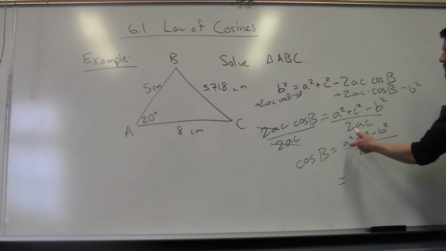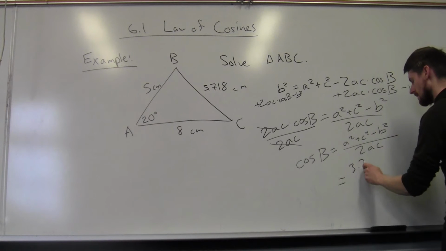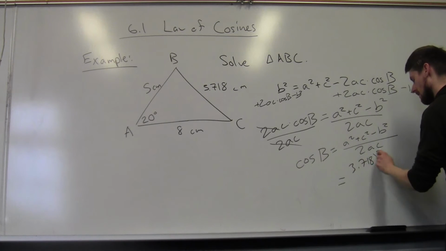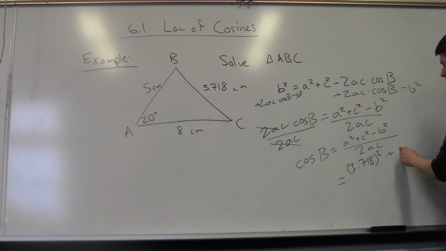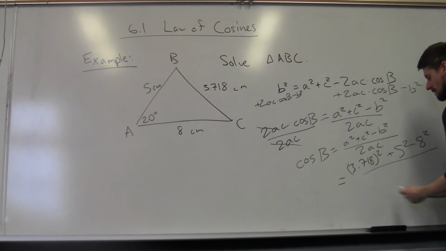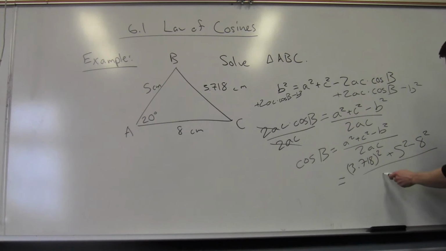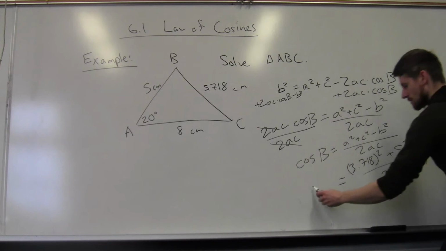This is a squared, which is 3.718 squared, which is a in your calculator, plus c squared, which is 5 squared, that's 25, minus 8 squared, and this is 64. And then all divided by 2 times 3.718 times 5. And that's the cosine of b.